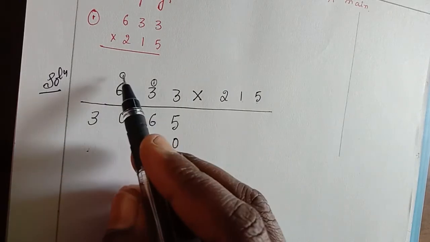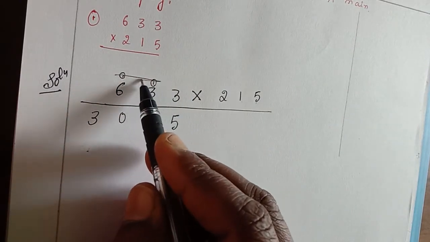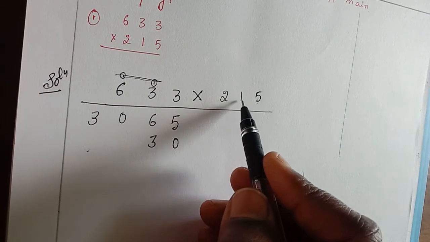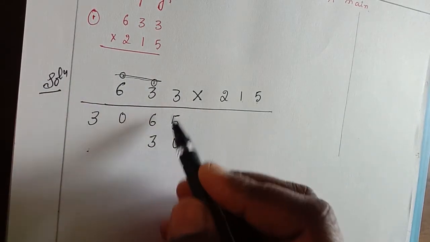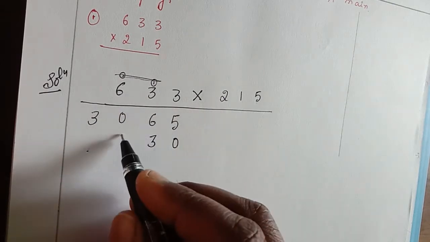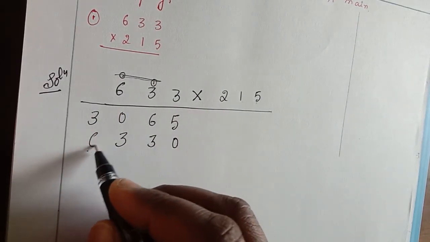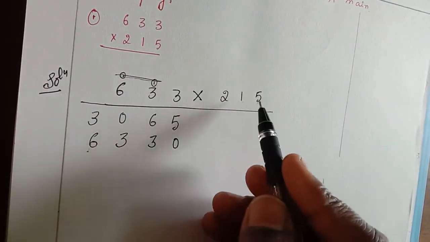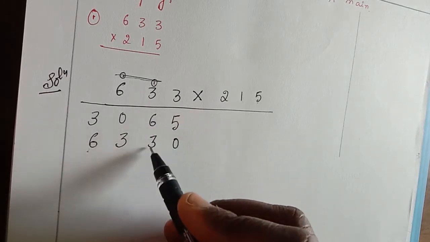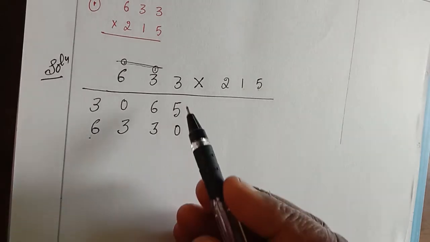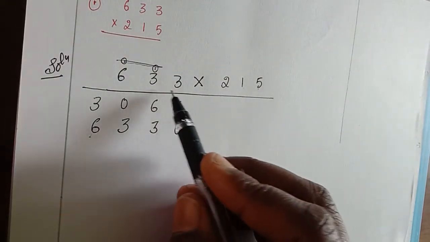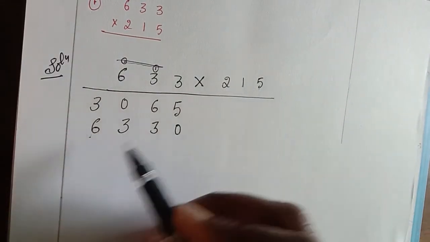These are the carries for the ones place, right? You can strike them out. If you get any carries in the tens place, you can write them. 1 3 is 3. 1 3 is 3. 1 6 is 6. While you are writing each product, the numbers should be in their place value, because we have to add, right? Next, the tens place is over.